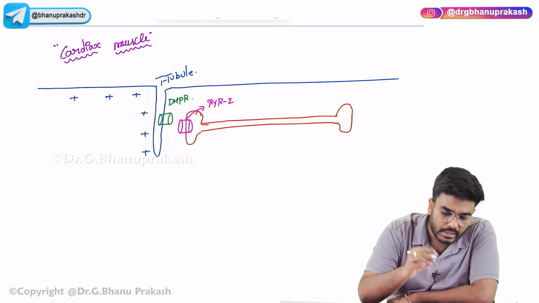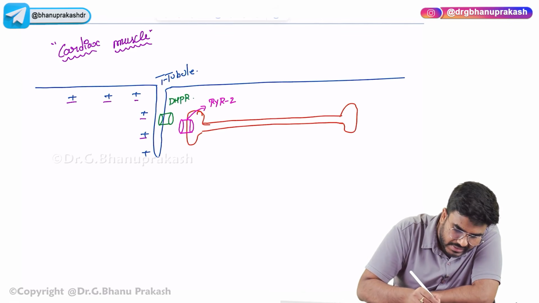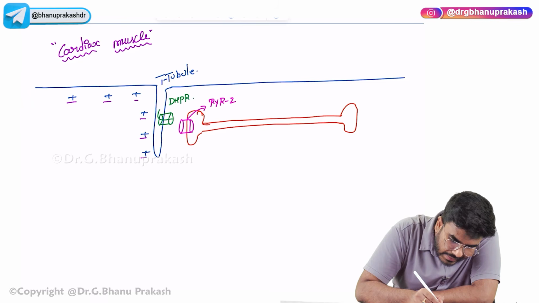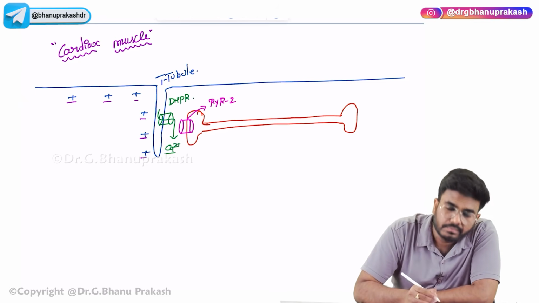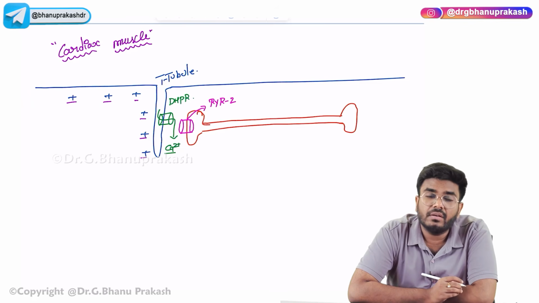When the muscle is getting depolarized, it allows calcium influx into the cell. First calcium is coming through the DHPR channels. So a little extracellular calcium came into the cell through the DHPR channel.